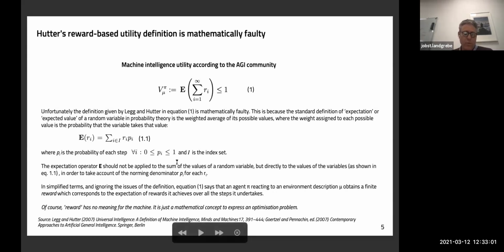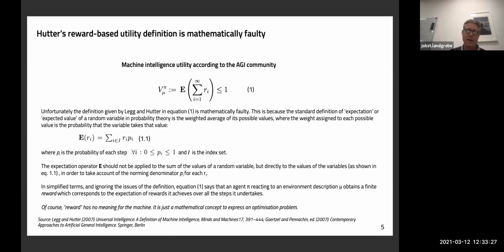And of course, reward here has no meaning for the machine. It's a mathematical concept to express an optimization problem. It's very related to the loss function that you know from machine learning. It's just another way of formulating a loss function in a positive way. A loss function calculates the difference between the real outcome and the predicted outcome of the algorithm, whereas this is a gain function.